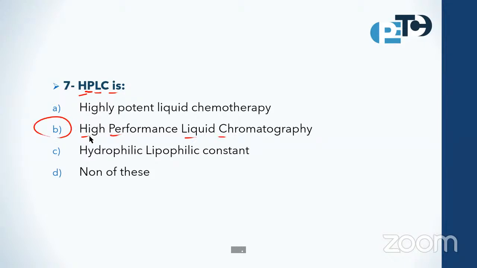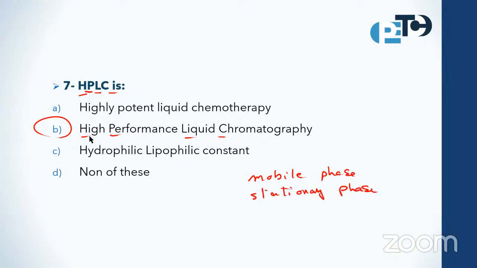In the last exam, they asked about certain substances and asked if it is mobile phase or stationary phase. Any chromatography is formed of two phases, mobile phase and stationary phase.